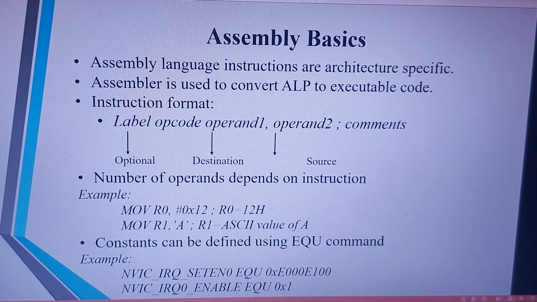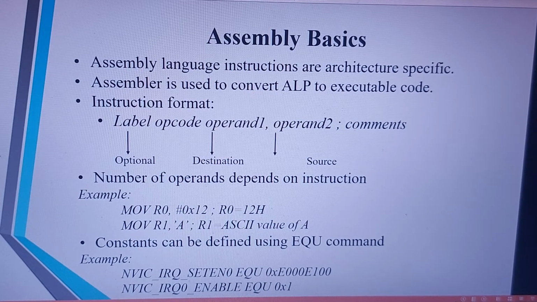If we are using this particular number multiple times in the program, it may happen that at some location, instead of ending that number with 100, if we type 010, then the assembler will not show any error because it is still a valid number. But the value is wrong.